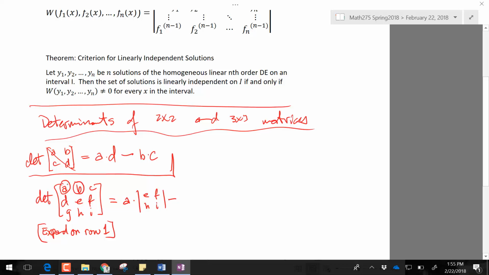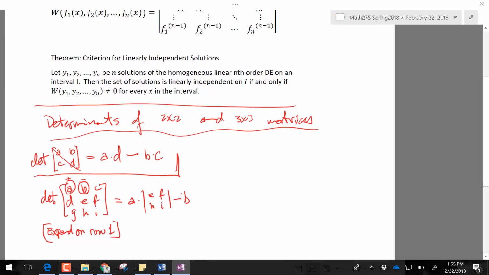And so I have A was a plus, and then B is a negative, and then when we get to C, it'll be a positive again. So I'll start off with a negative B, and again, I'm going to cross out the row and the column where B is in, and then I'm going to take a look at what I have left. So that's D, F, G, I.